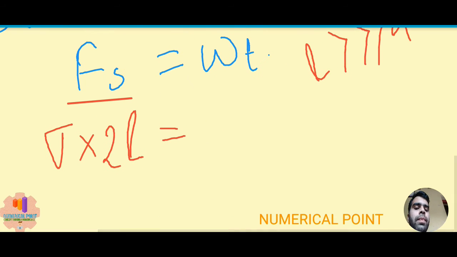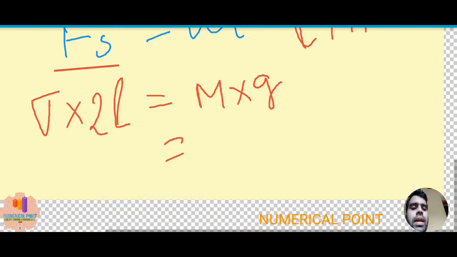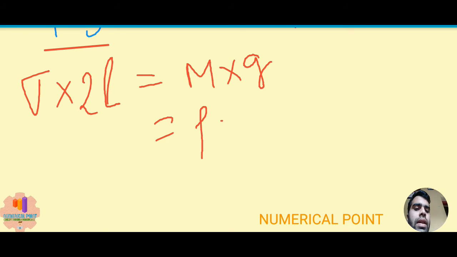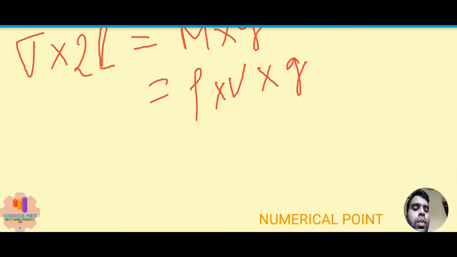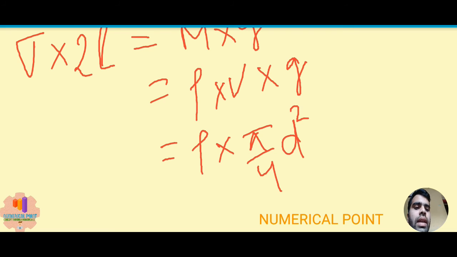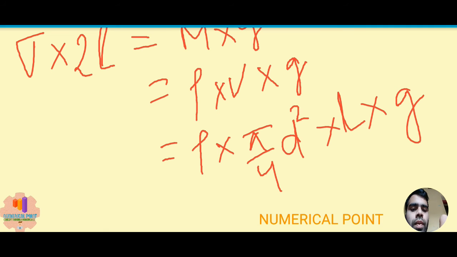And what will be the weight of the needle? Weight of the needle will be mass into g. Okay, what can you write for mass? Mass is density into volume, into g. Okay, so volume you can write as area of the cross section into length. So we can write pi by 4 D square, this is the area of the cross section, into length L, into g, which is equal to sigma into 2L.